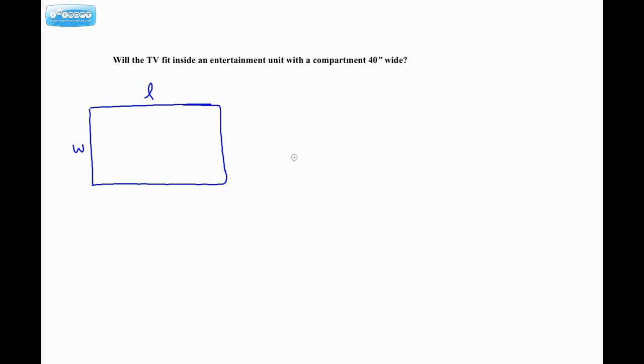Okay, but if we're trying to fit it inside some compartment, most likely we would consider this to be the width, how wide it is as you look at it, which would actually be the length of the TV. And we know the length from before was approximately 41.8 inches.